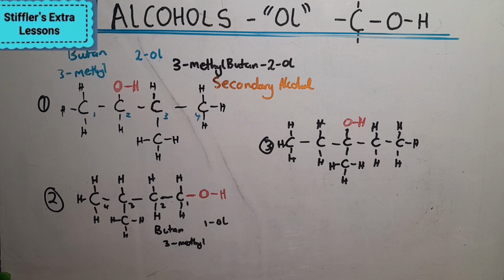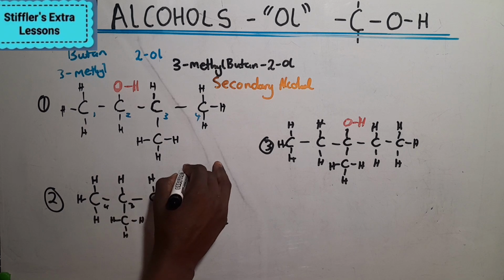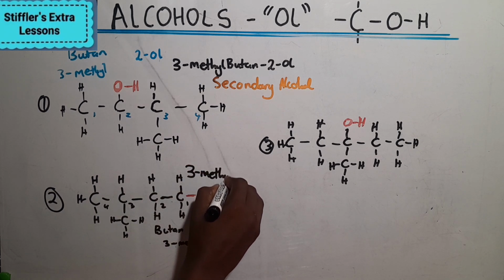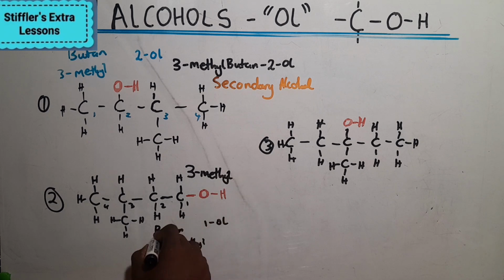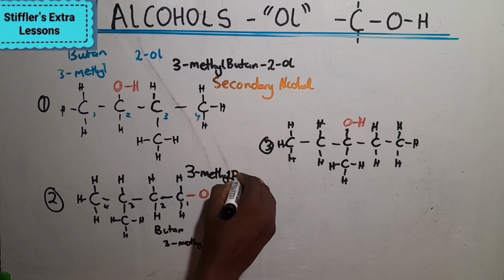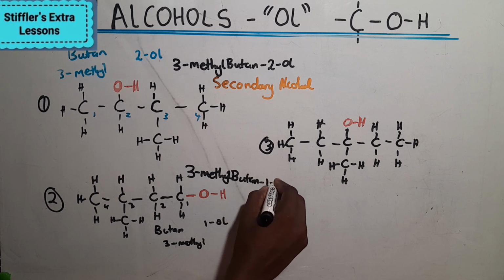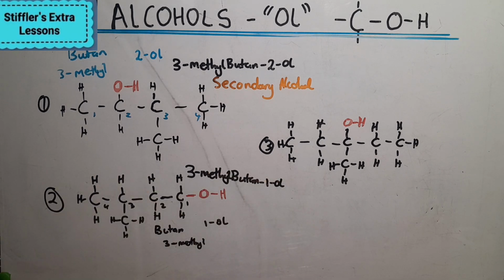So to put this together, we start with the branch. So this is 3-methyl, and then the parent name, butane, and then on carbon number 1, the ol. So this is 3-methyl butane-1-ol.